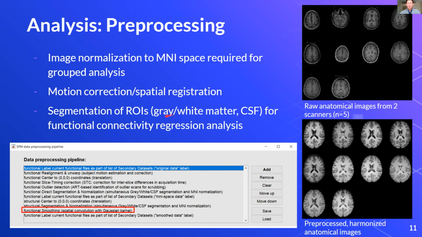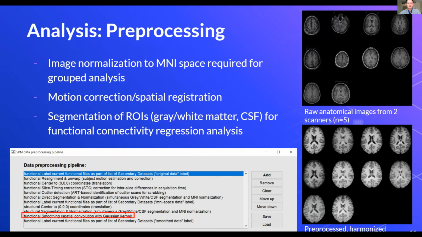During the pre-processing steps, the segmentation of the different regions of interest, such as the gray and white matter and the cerebrospinal fluid, is also performed, and that will be used later in denoising and the regression analysis. Notably, here we have one smoothing step, which involves spatial convolution with a Gaussian kernel, and I'm going to mention that on the next slide.